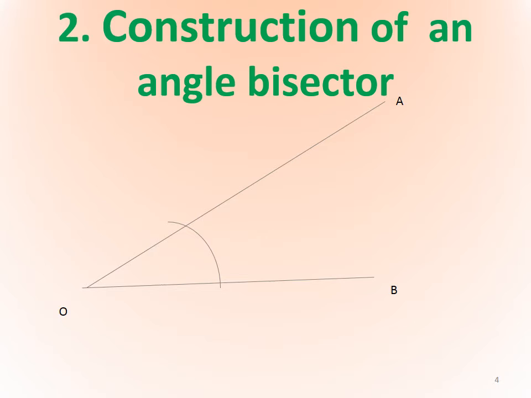Name the 2 points of intersection of the arc with OA and OB as D and C. Taking a suitable length onto the pair of compasses and taking C and D as the centers, draw 2 arcs which intersect each other. Name the point of intersection of the 2 arcs as E.